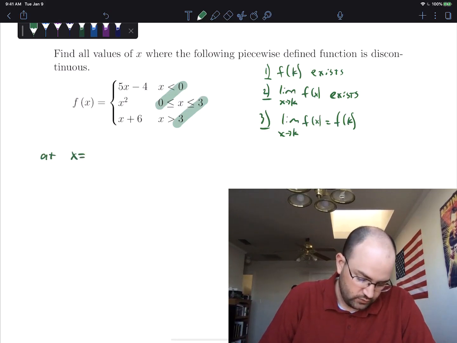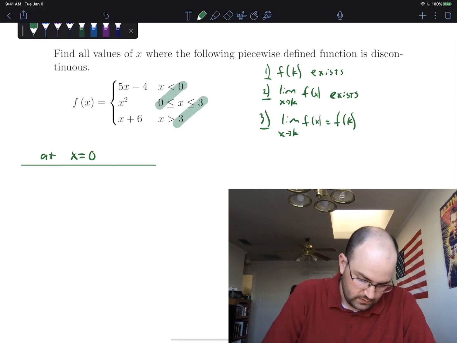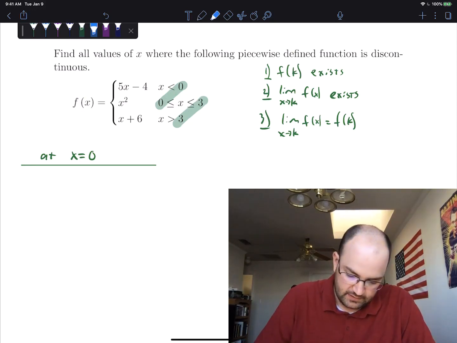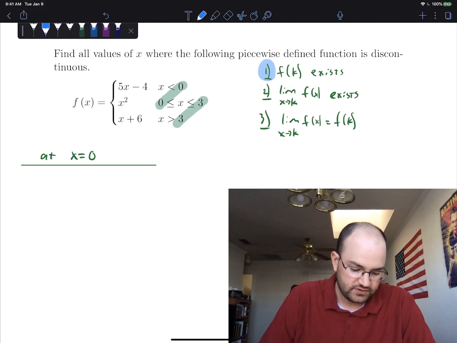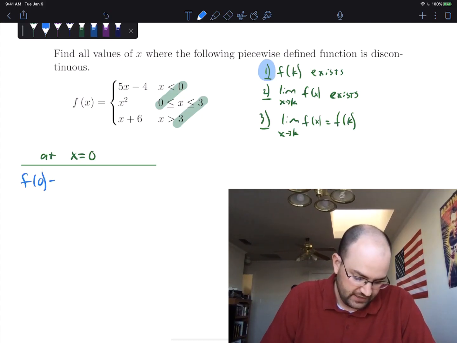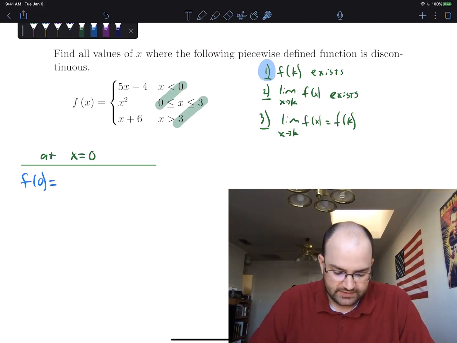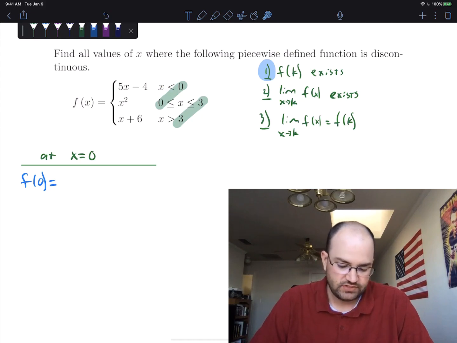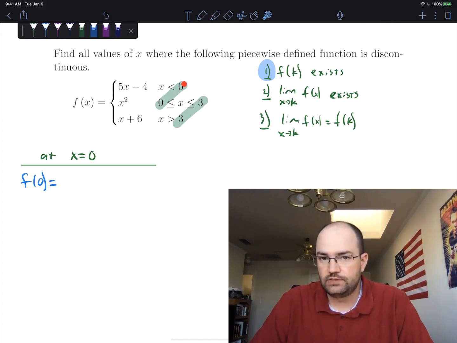At x equaling 0, let's first look at whether the function value is defined. So I want to find f of 0. Notice if I plug 0 into these test regions, is 0 less than 0? Well, no, it's not. Is 0 less than or equal to 0?